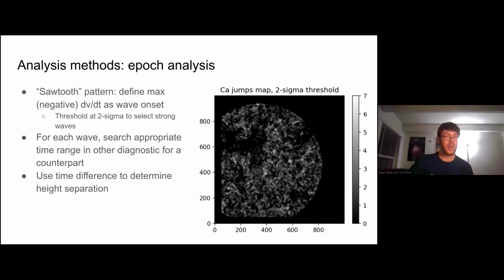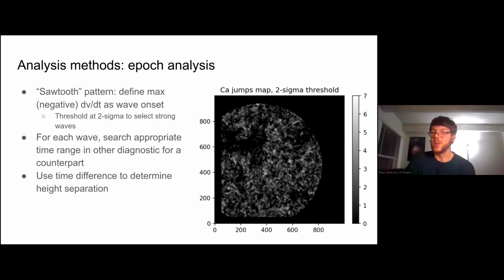So to figure that out, we use what's called epoch analysis. So we identify the waves in the calcium velocity signatures using the moment of strongest, most rapid... sorry? 3 minutes. 2 minutes, okay. 3 minutes, okay.